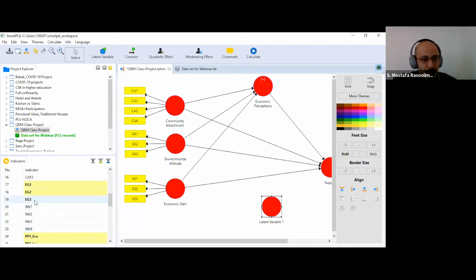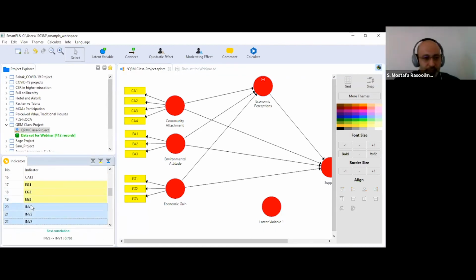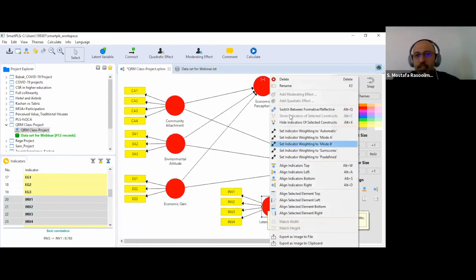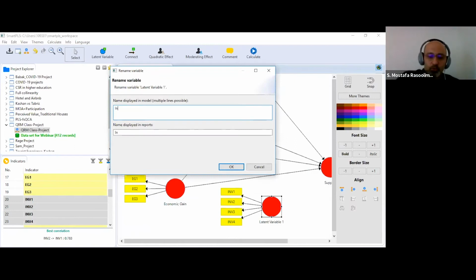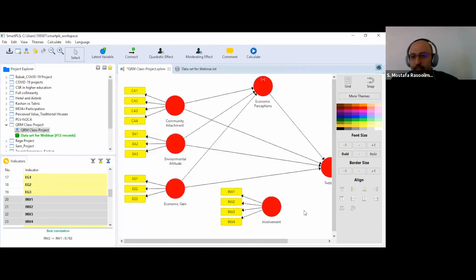We assign these items to this new variable, change the name to involvement, and connect this involvement to DV, to create the regression equation that we need for assessment of moderator.